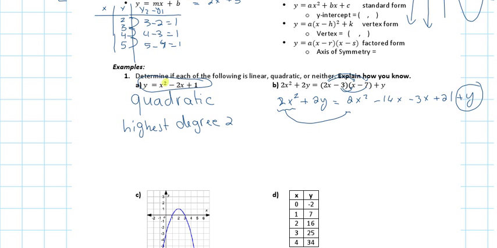So if I move that y over, it's going to become minus y. And if I move that 2x squared over, it's going to be negative 2x squared. And I'll write the rest as is.